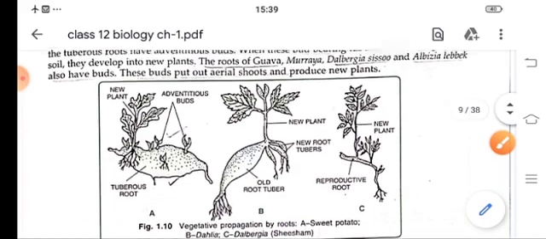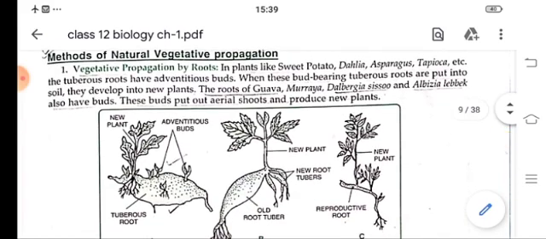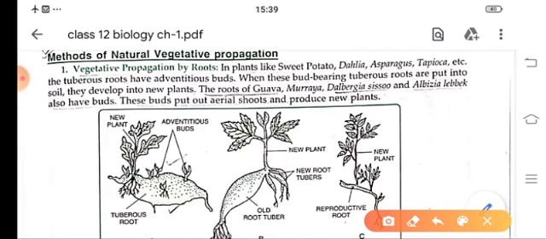In this type of reproduction, children, the plant's bud bears tuberous roots, and these roots develop into a new plant. For example, in sweet potato, dahlia and murraya, these buds have the aerial shoots and they produce new plants, and these plants have tuberous roots and give rise to new plants from these tuberous roots.